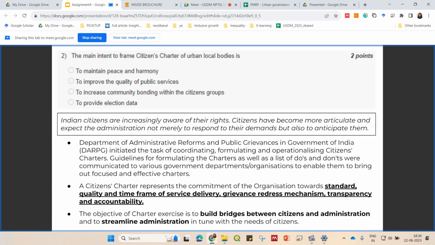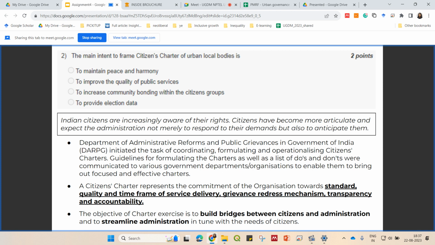In this case, the organization will be a government organization. It represents their commitment towards the standard, quality, and time frame of the service delivery which the organization intends to deliver, or is supposed to, or is mandated to deliver to the citizens.